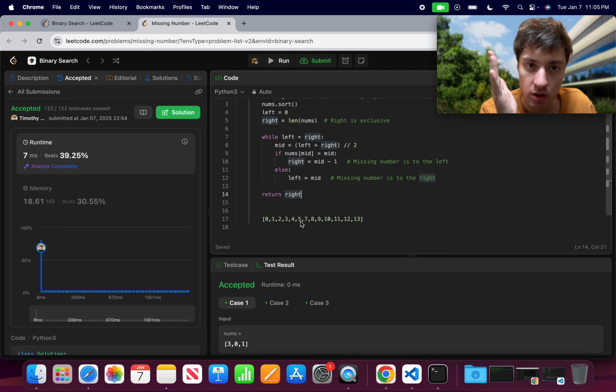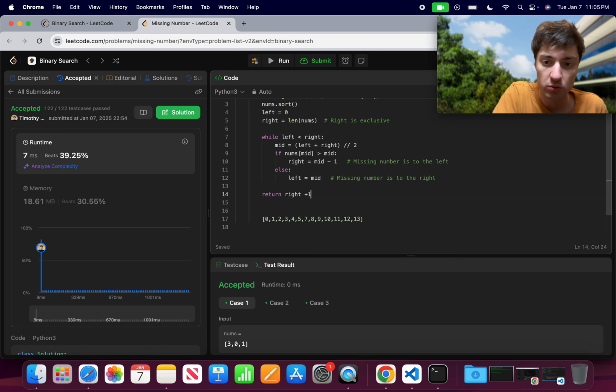So it's the number before the target, right? Not really the target, because the target is kind of the in-between point right here. But we're honing in on the right value. And now I know that the right value corresponds to this index here, which corresponds to the number that's going to be 1 larger than it. So I can actually just go plus 1.